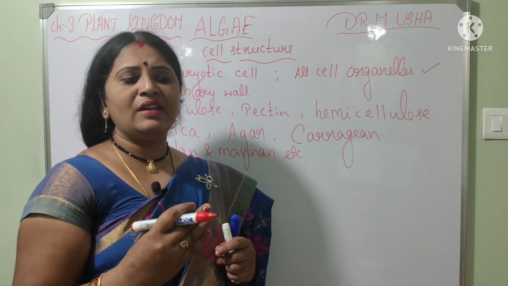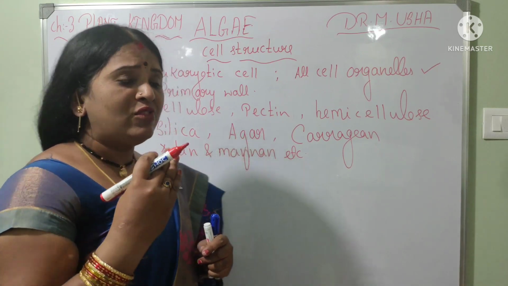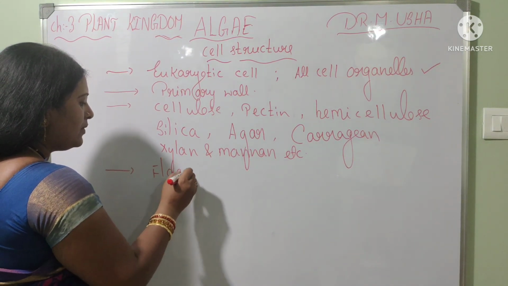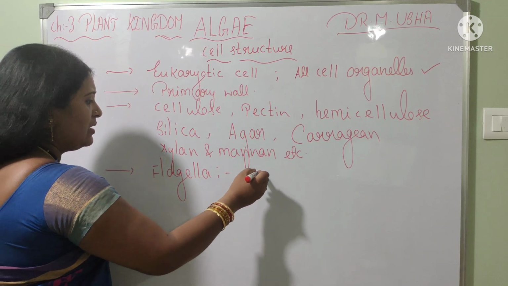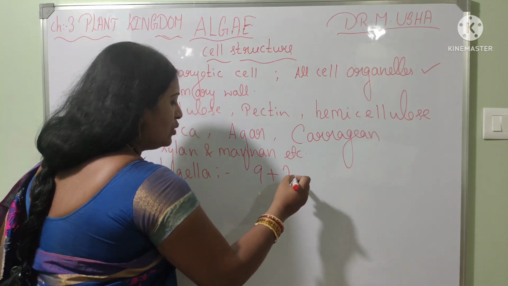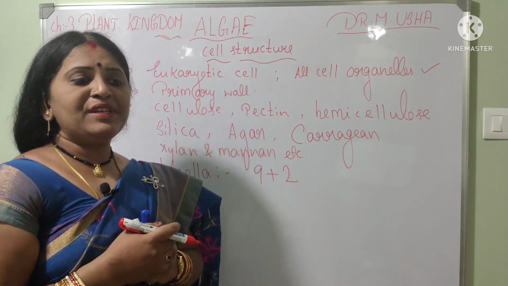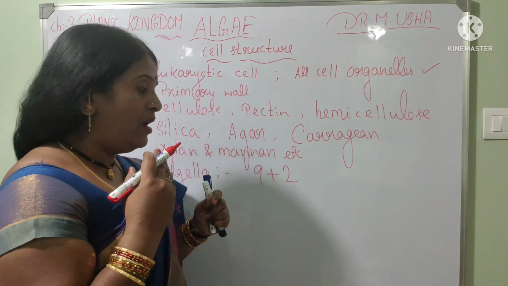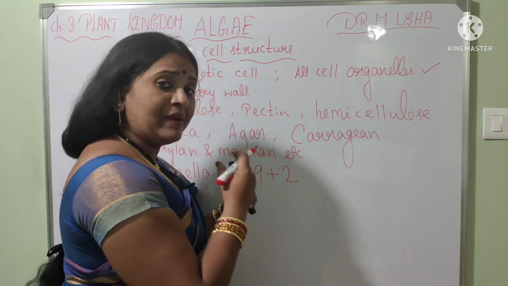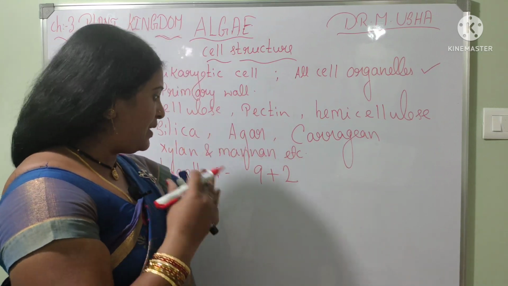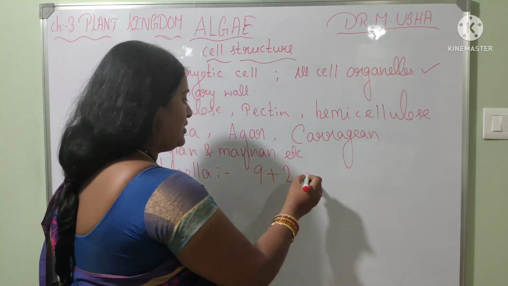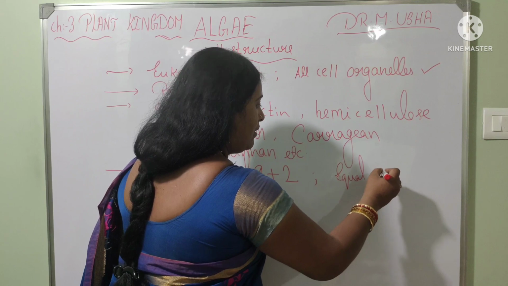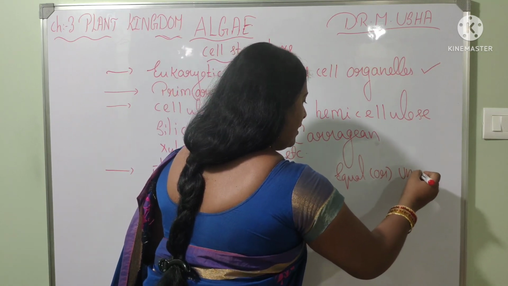In all eukaryotic cells, the flagella in all algae represent a 9+2 configuration, with a microtubule arrangement. These flagella may be equal or unequal.